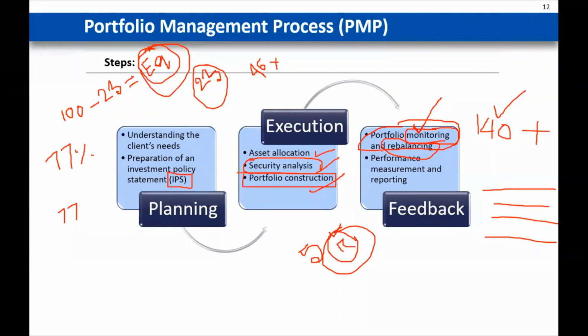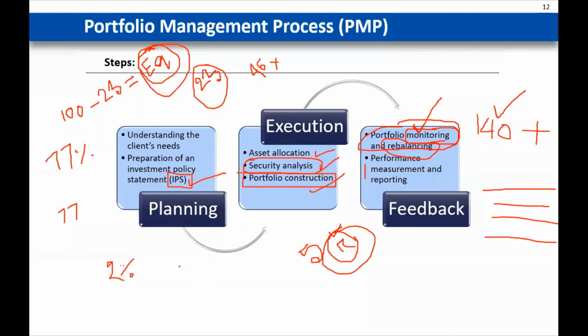Okay. Then at the end of the period, what you need to do is check the performance of your portfolio. For example, in your IPS, your client mentioned that I need to get a 2% margin above the DSC return.